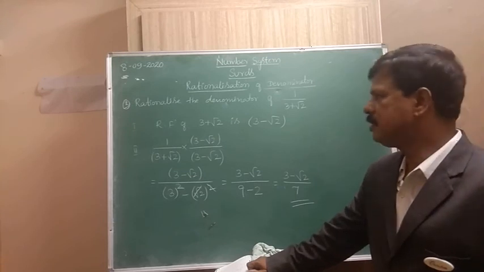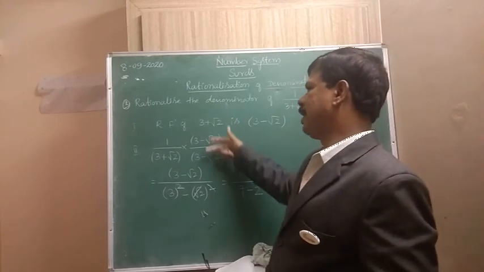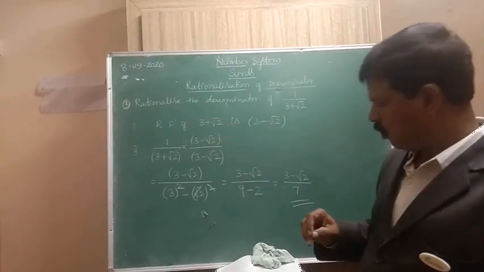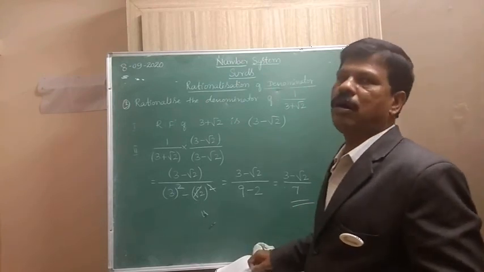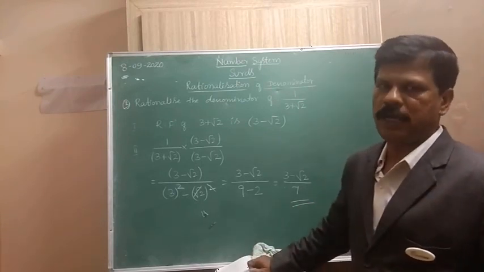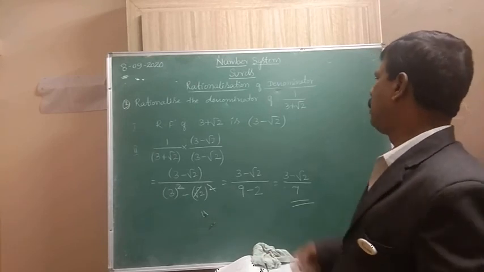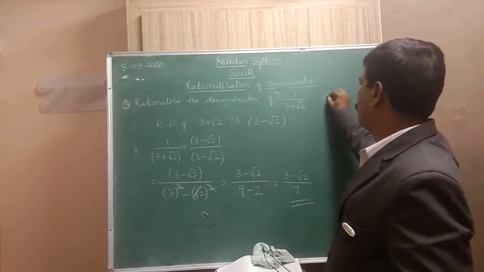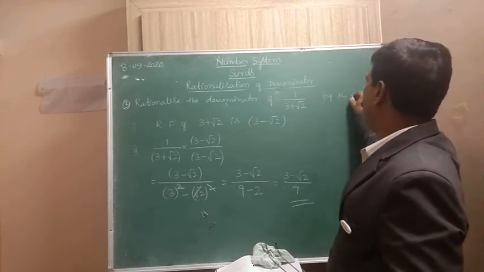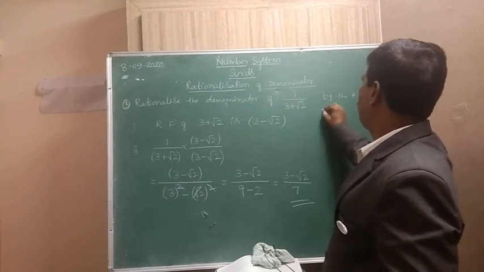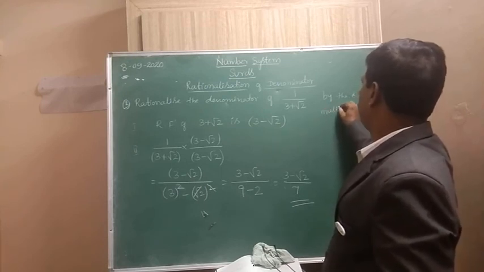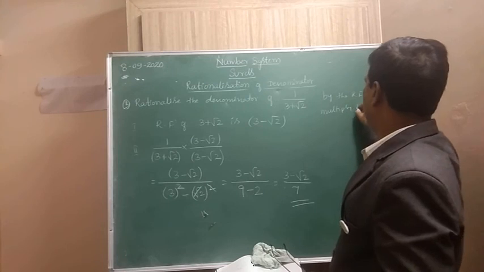So these two things you should do: one is, before starting you should write the RF of the binomial.